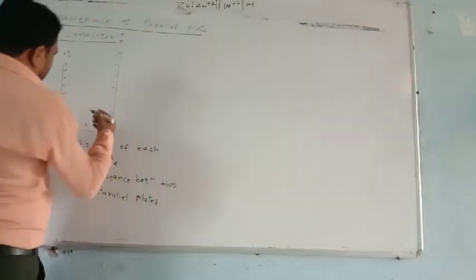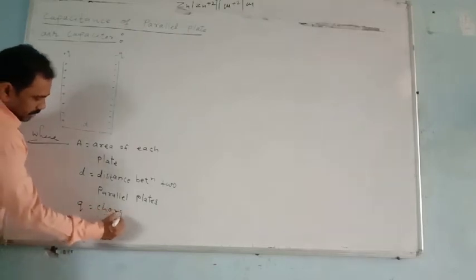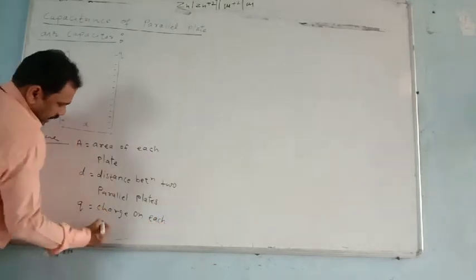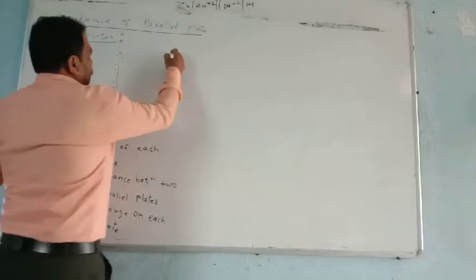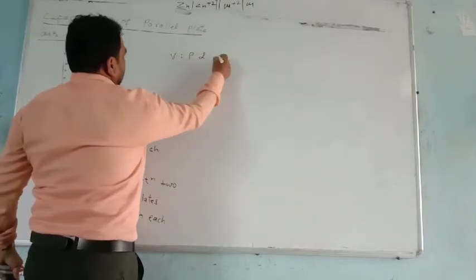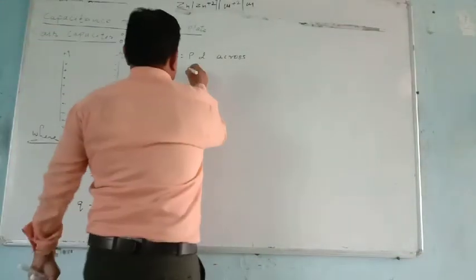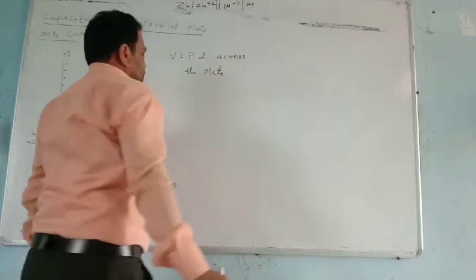And how many charges are there? That is Q charge on each plate, then V, that is the potential difference across the plates.